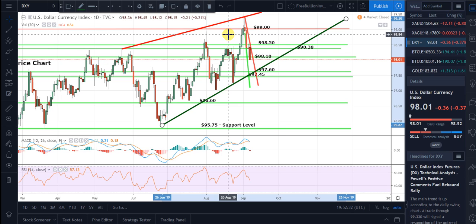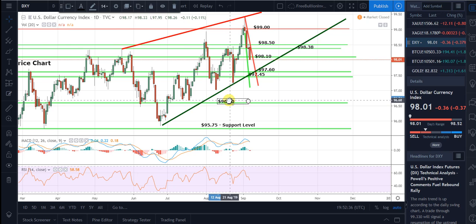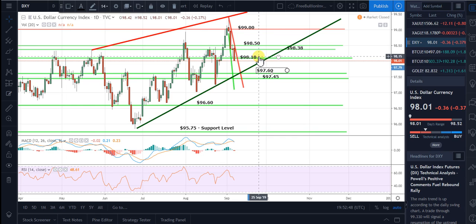You want to hear what's going on in the news, pay attention to who's saying what, try to read between the lines and do your own homework. In times like this, you can find patterns, but a lot of times they're not as solid as they could be because of all the uncertainty in the market.